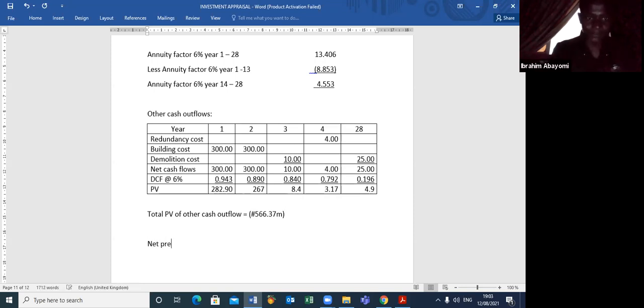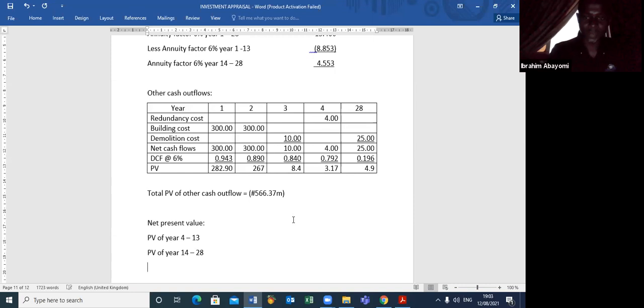Net present value calculation will be PV of year 4 to 13, PV of year 14 to 28, and PV of other cash outflows. Sorry, other cash outflows, not outlays.